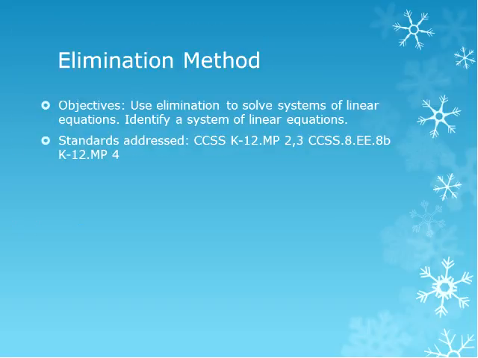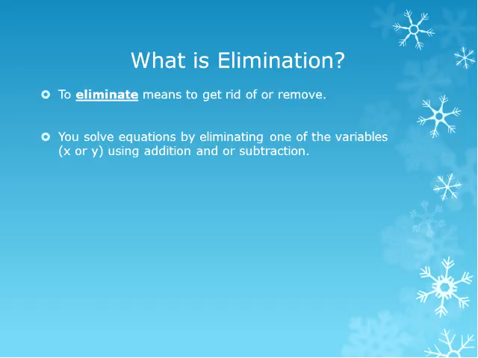Okay. Again, remember that a system of equations is when you have more than one equation at a time. All right, so we are going to be looking at two equations at a time and being able to solve for the x and the y in those equations. Okay, so the elimination process, eliminate is part of that, and eliminate means to get rid of or remove.